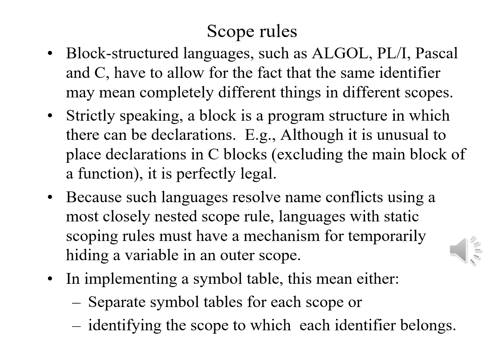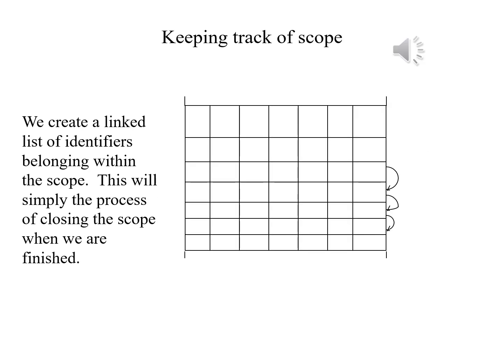In implementing a symbol table, this means either separate symbol tables for each scope, or identifying the scope to which each identifier belongs. Keeping track of a scope requires two different linked lists.